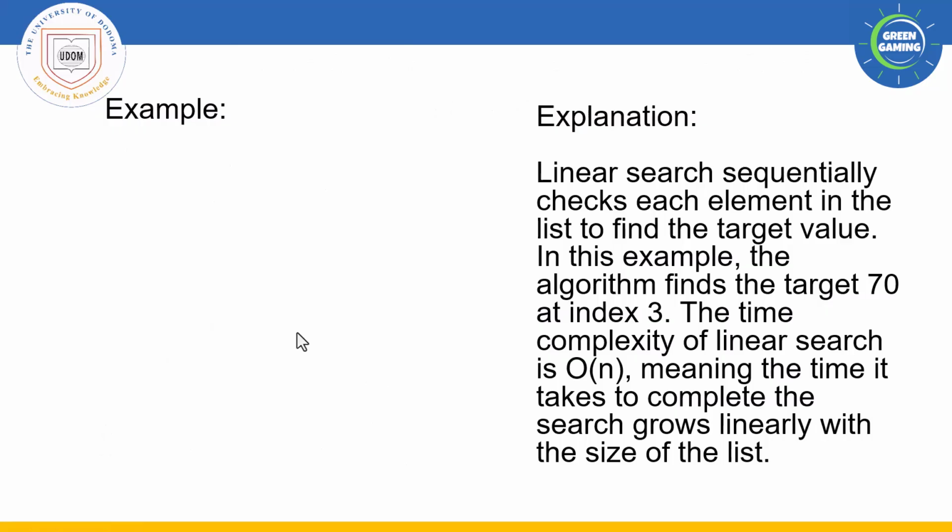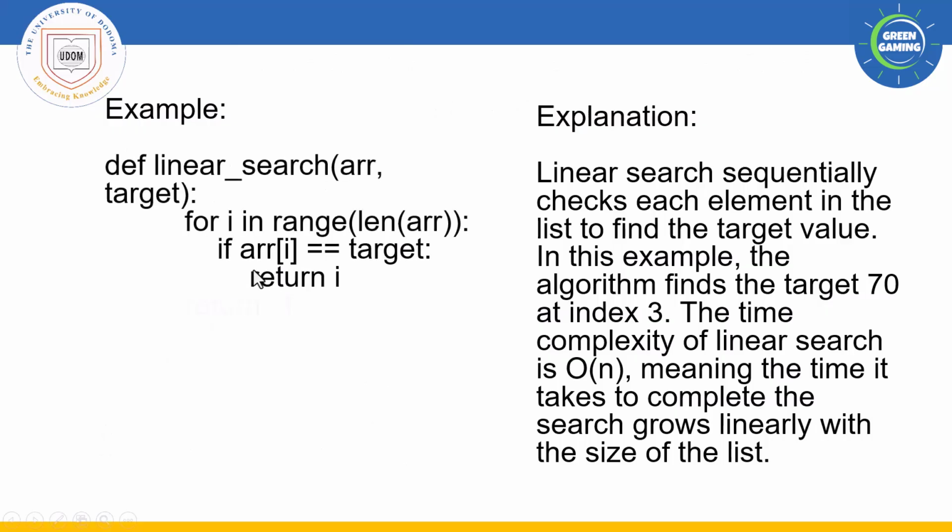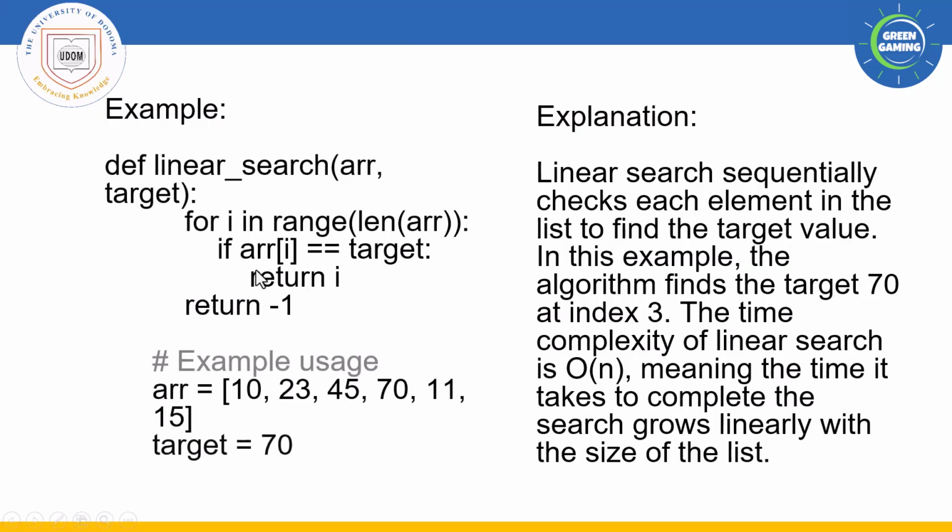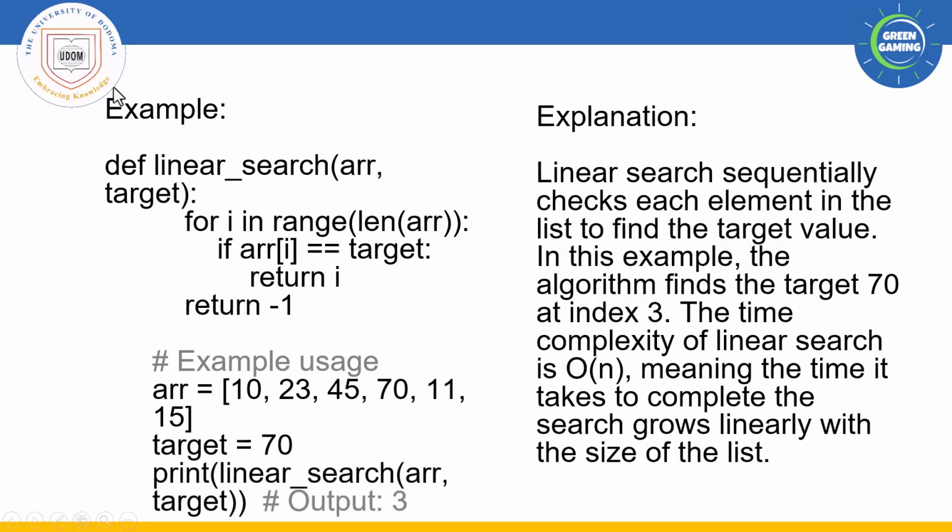Okay, so let's see this example. Assume you have been given this Python function for linear search, right? The linear search works on different kinds of data structures, and the way it works, it just traverses through the list to find whatever element or item you need.